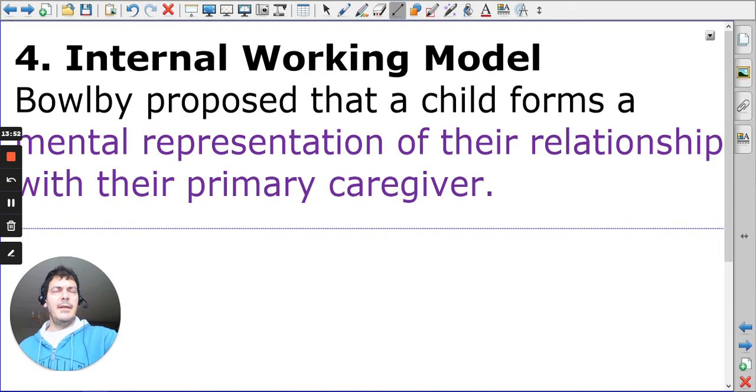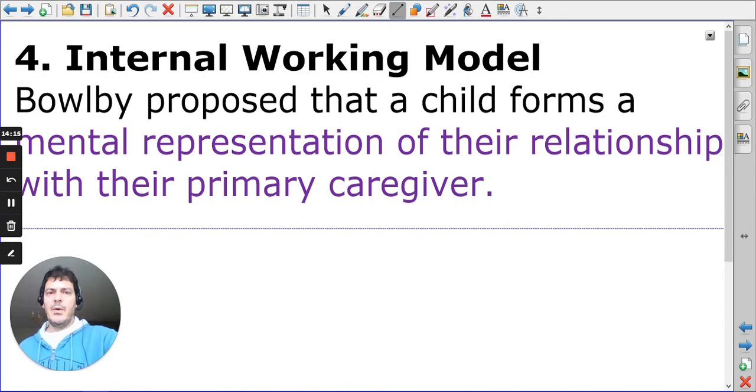So then the final aspect that he does talk about in terms of his model is this internal working model. And I know in the other parts of the course you've looked at schemas, you've understood how potentially we have these mental representations that help us understand or interpret the world as we know it.